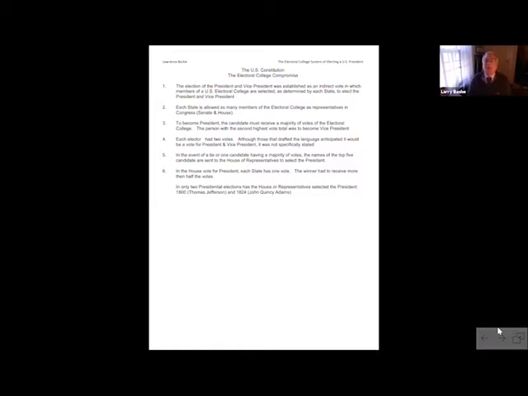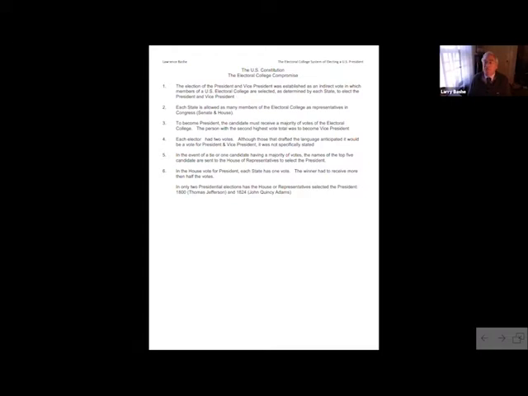The number of votes that a state has based on the Constitution is the amount of representatives they have in Congress. So House members and members of the Senate. Every state has 2 senators, and the House membership is based on population. You can see what this does.